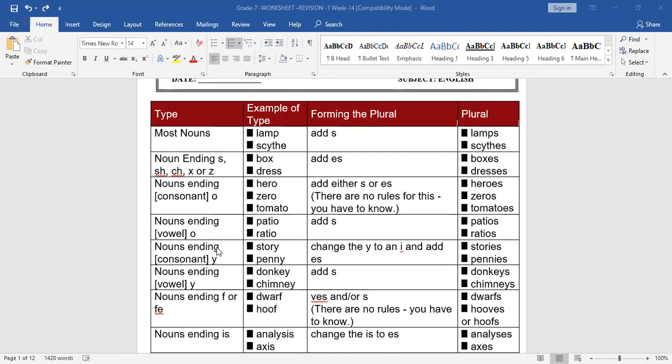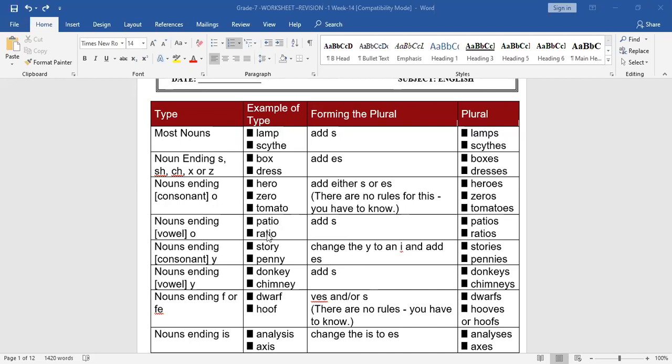But if a word has the letter o at the end and it's a vowel sound, not a consonant sound, you just have to add s to make the plural, like ratio. This vowel sound makes your mouth become circular.